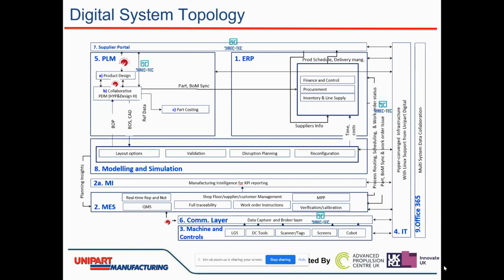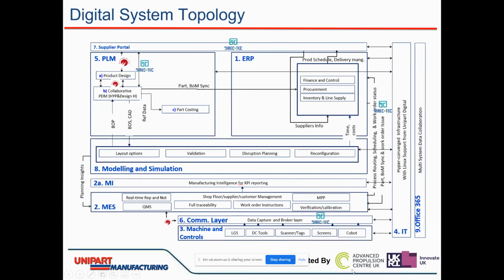What that meant for us as a business is we had to create a system topology to create dotted lines between supply chain, design, manufacturing, the customer, and every function around this value chain.